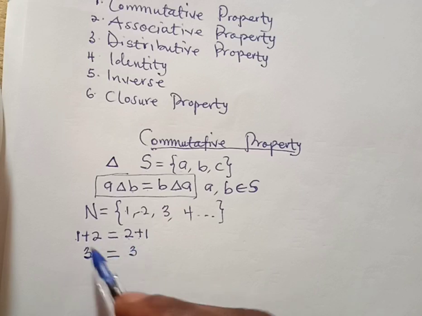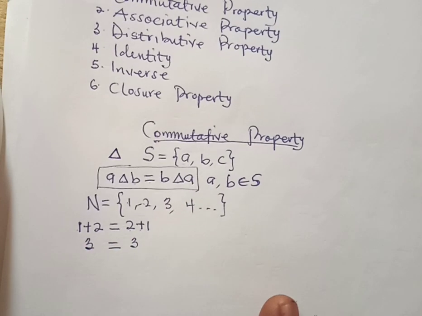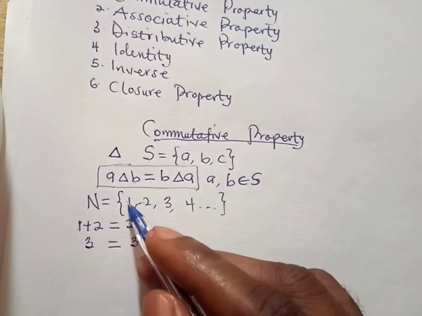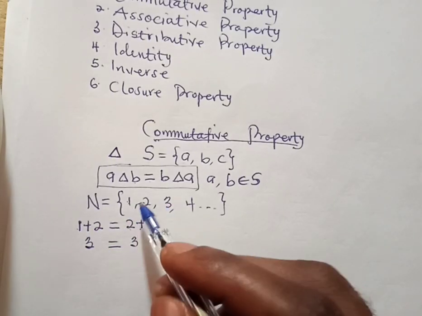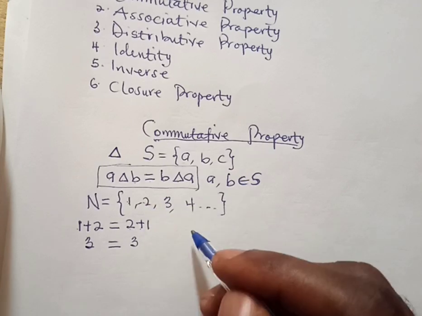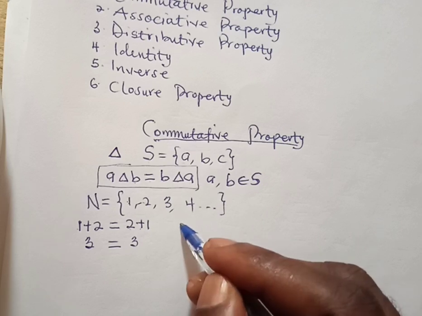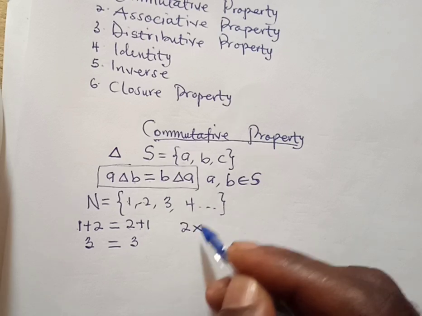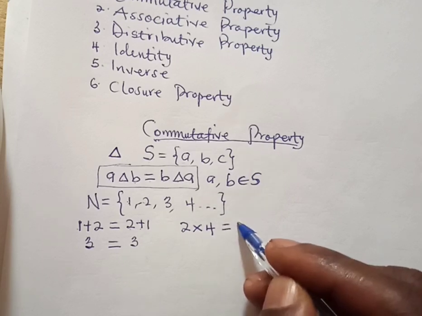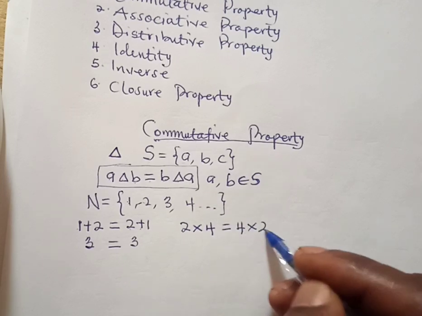Okay. Now let's take another one. Let's use multiplication. I'll pick two different elements, 2 and 4. So I have 2 times 4, which is equal to, this time I'll write 4 times 2.